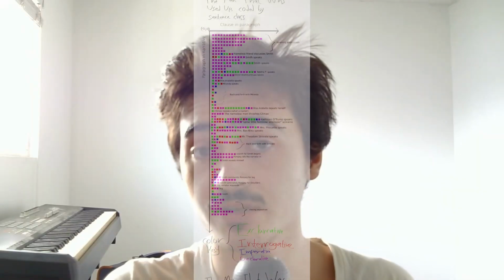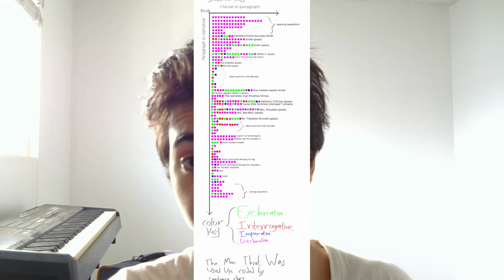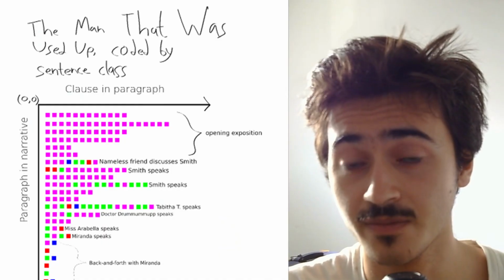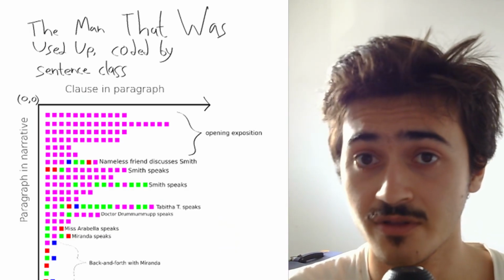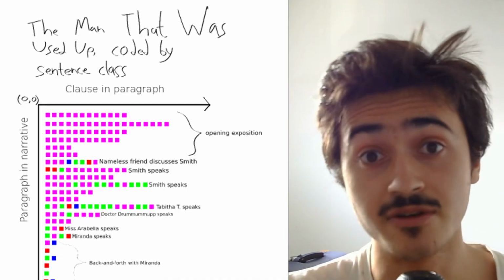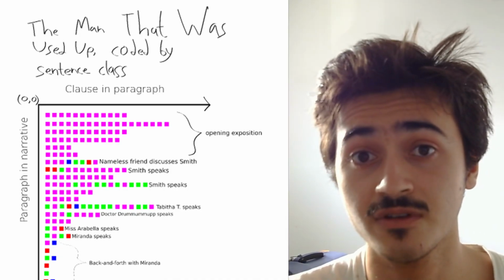I've told you this narrative, but I'm going to put some proof in the pudding. Here is a graph of the coding of these sentence types. At different junctures in the narrative, there are different patterns of sentences.